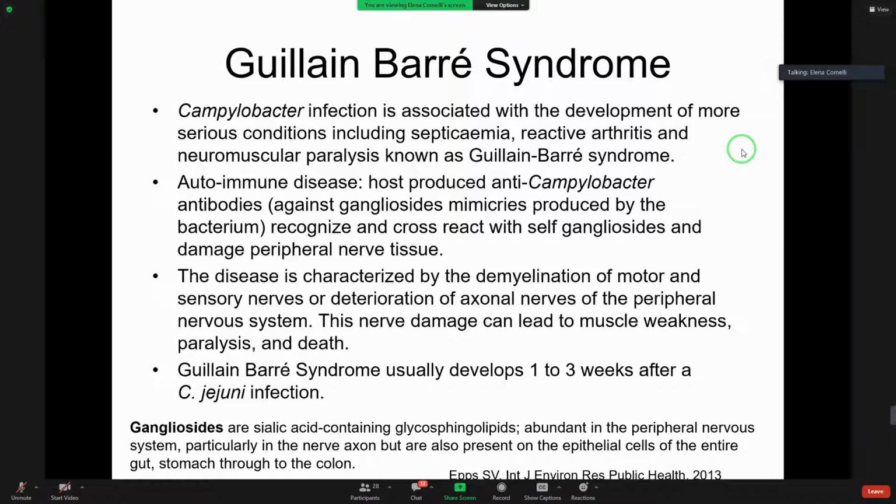These gangliosides are very similar to, or are a mimic of, the gangliosides that the host expresses in their own tissues, including peripheral nerve tissue. This results in this form of autoimmune disease, which can cause nerve damage and lead to muscle weakness and eventually paralysis and even death. Guillain-Barré syndrome usually develops 1 to 3 weeks after the Campylobacter jejuni infection.